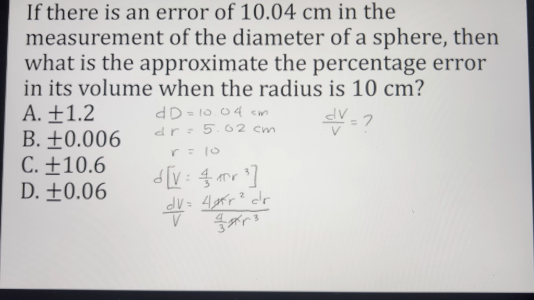Cancel pi, cancel 4, cancel r squared here. So this will be equivalent to dV over V is 3 dr over r. So 3 times our dr, that's 0.02 over the radius of 10.